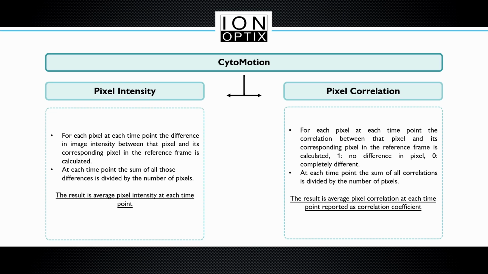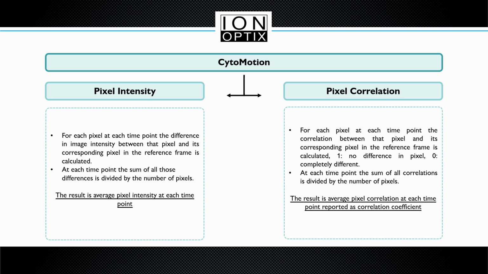In regards to pixel correlation, for each pixel at each time point, CytoMotion calculates the correlation between that pixel and its corresponding pixel in the reference frame. The correlation values range from 1, where there is no difference in the pixels, to 0, where the pixels are completely different.